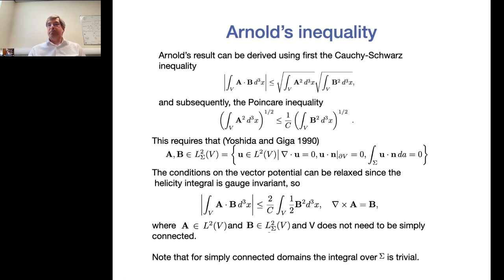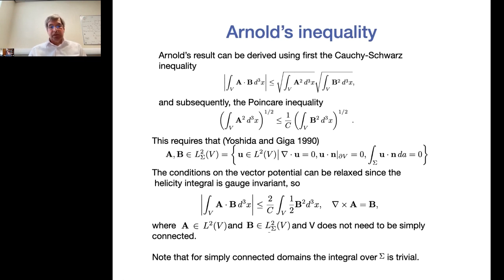And if you look up typical papers, and Yoshida and Giga, 1990 is a good reference, then you find that this Poincaré inequality requires, if you don't have a simply connected domain, that A and B, the two vector fields involved, are part of the space L2 sigma.